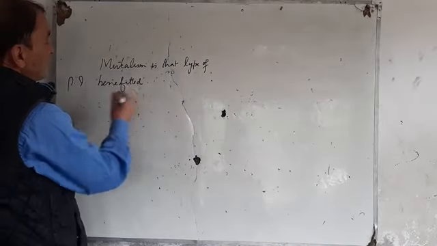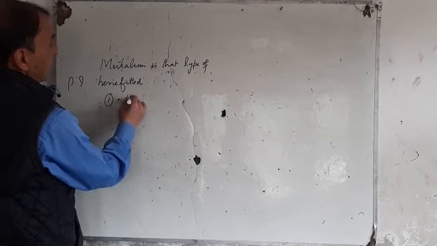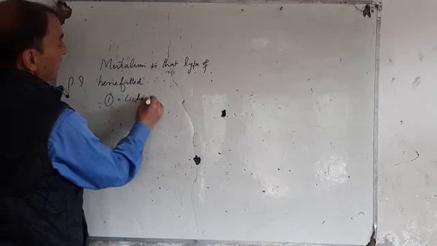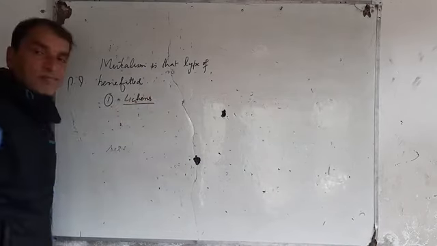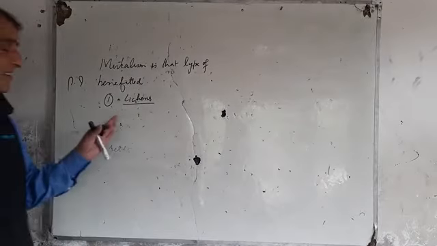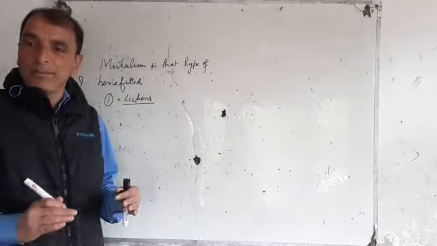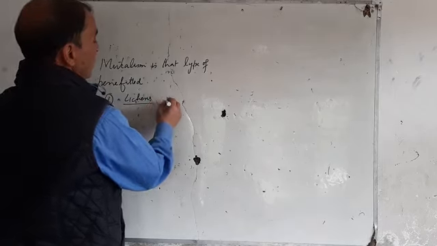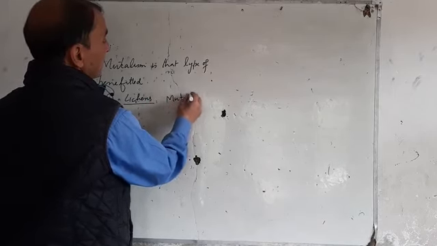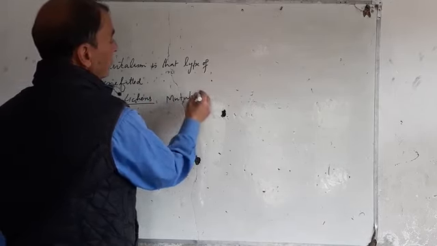Examples of mutualism are, number 1, lichens. Lichens provide the best example of mutualism. What are lichens?